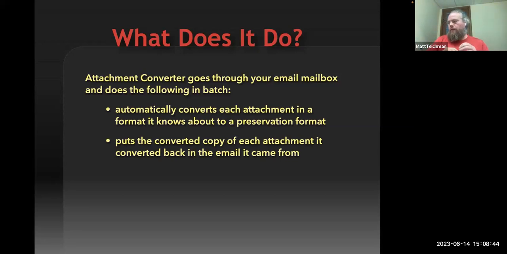And then it takes the converted attachment and puts it back into the original email, so that when you open the original email up again, instead of just seeing one attachment in, let's say, doc format, you will now see the original doc format attachment plus some copies that have been converted to plain text, archival PDF, etc.